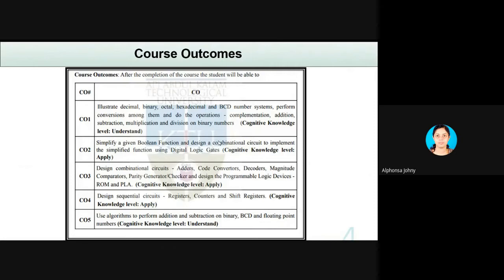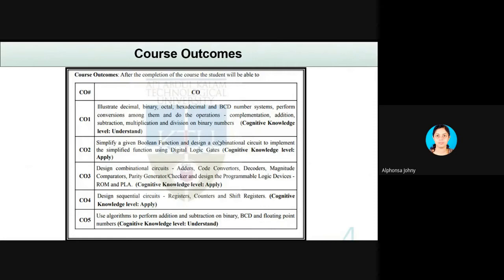In CO3 or course outcome 3, the discussion is about design of combinational circuits such as adders, code converters, decoders, etc. It's at a K level 3. Then course outcome 4, it is all about the design of sequential circuit such as registers, counters, and shift registers, and the K level is 3.